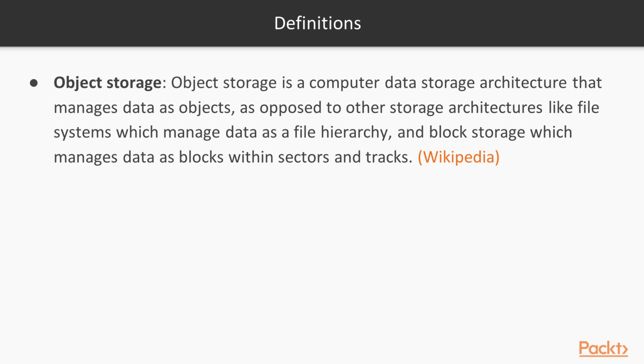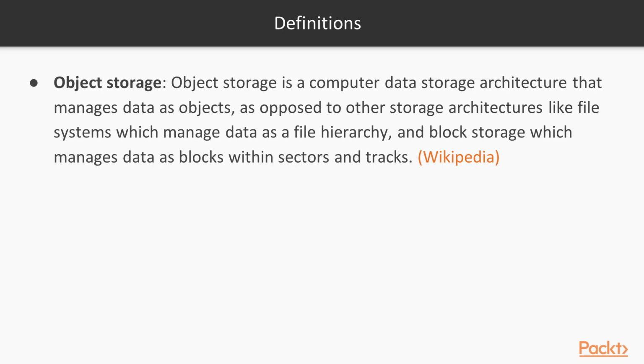As we can see here in the description, block storage manages data as blocks within sectors and tracks, and file storage manages data in a different way. So why is it important to understand what object storage is? Every object is stored with a unique URL, and in most cases is accessible via a URL and a unique ID.